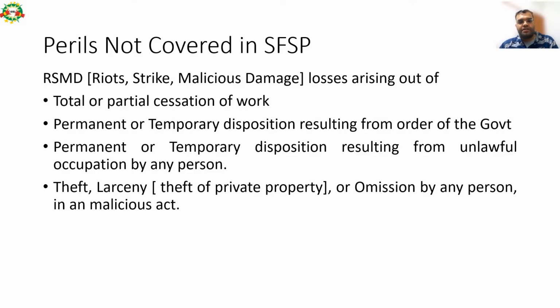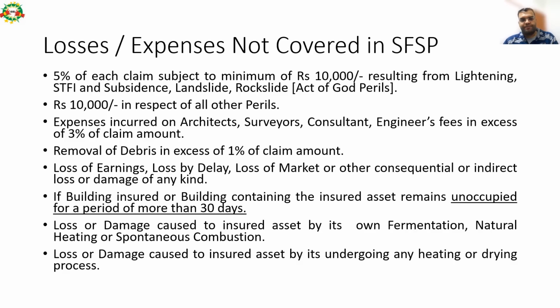RSMD, riots, strike, malicious damage, loss arising out of total or partial cessation of work, permanent or temporary dispossession resulting from order of the government, permanent or temporary dispossession resulting from unlawful occupation by any person, theft, larceny means theft of private property or omission by any person in a malicious act.